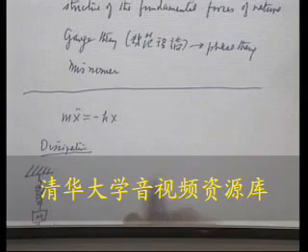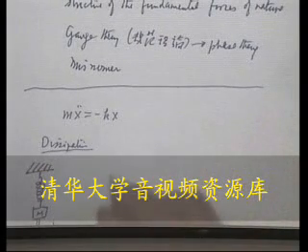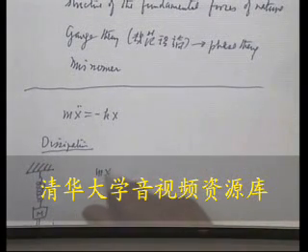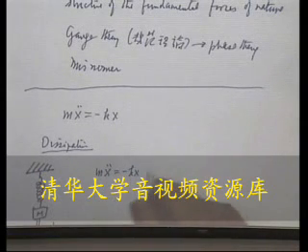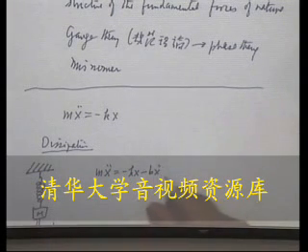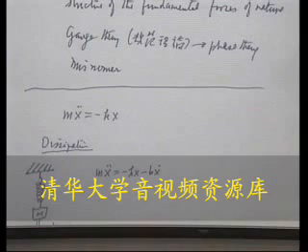It turns out that the dissipation follows an equation such that m x double dot is equal to minus kx minus b x dot. x dot is, of course, the velocity. It gives you a force which is proportional to the velocity.